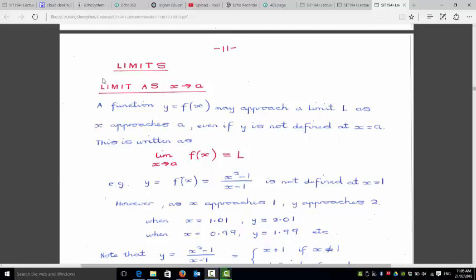X approaches a and f(x) approaches L, we say the limit of this function is L. I'll give you an example.